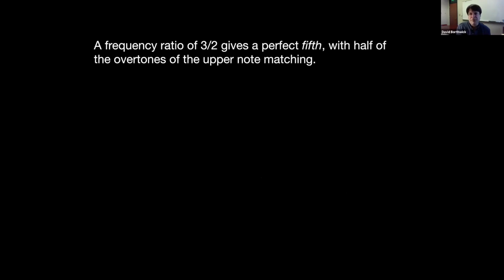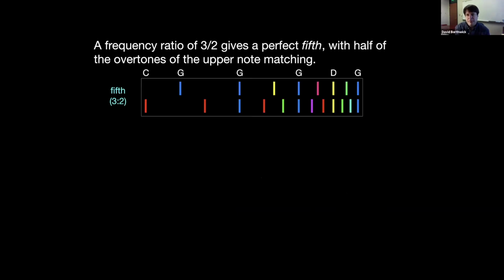With other intervals, something similar is going on, but there's less overlap. So for example, the first interval distinguished by Pythagoras, other than the octave, was the fifth, which has a ratio of 3:2. That's what a fifth sounds like.